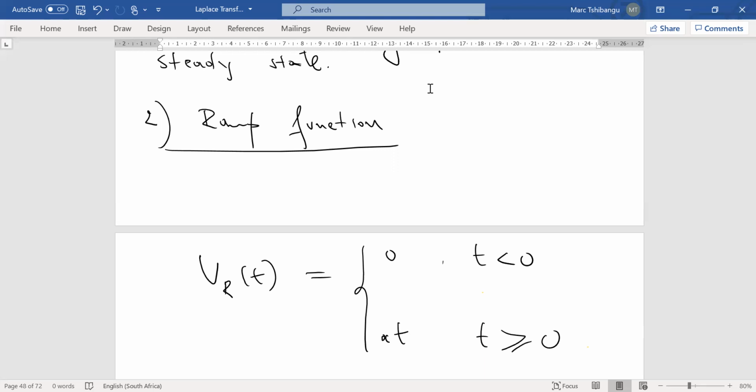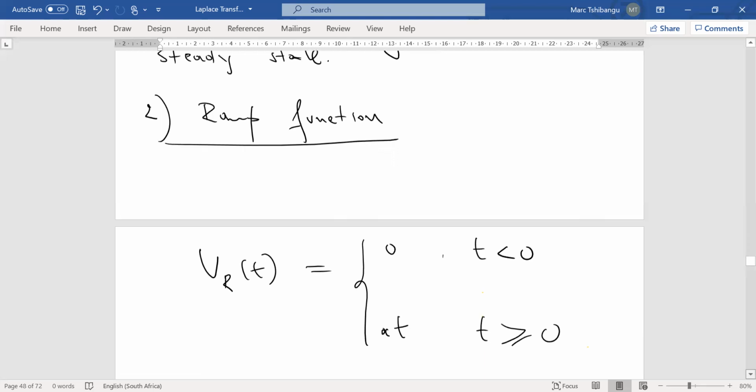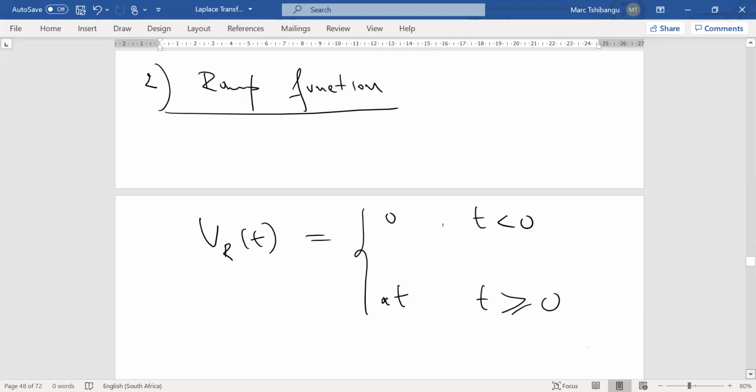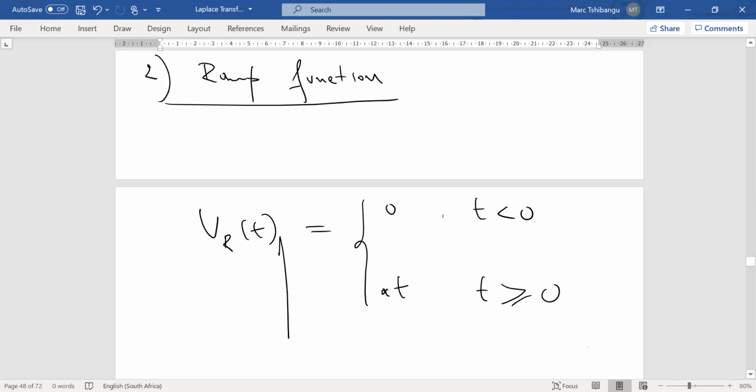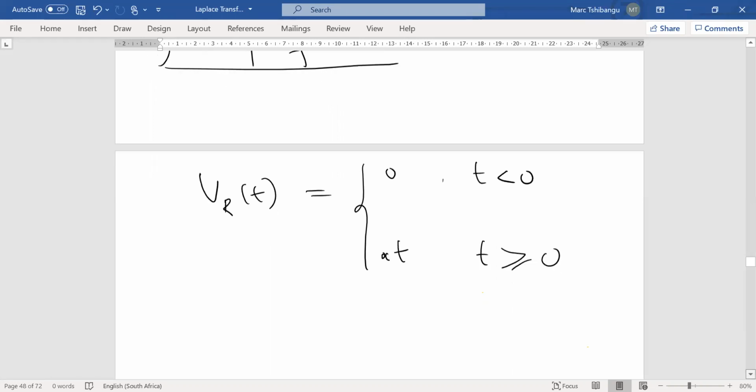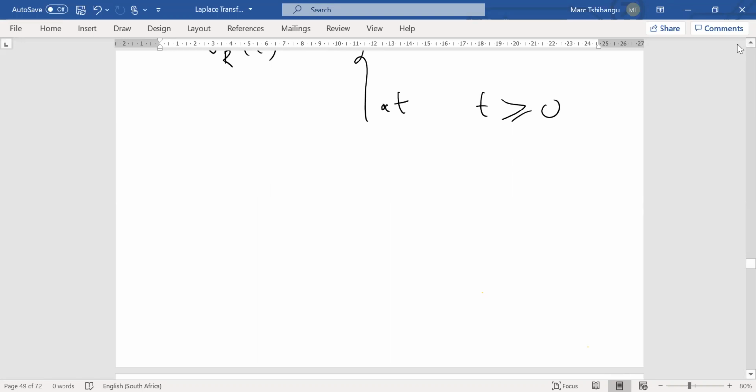So the graphical representation of this piecewise function is as follows.